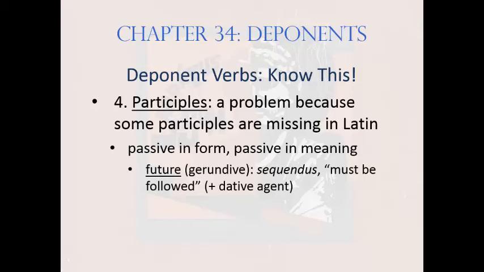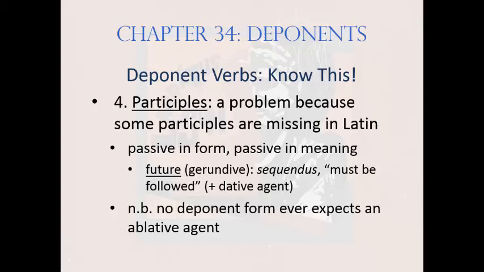And naturally, it must be followed by a dative of agent, because that's what's used with all passive periphrastics, period. Note, no deponent ever expects an ablative agent, no ab, meaning by, with this whole class of verbs. Okay, so far we can say voice weird, formation easy.